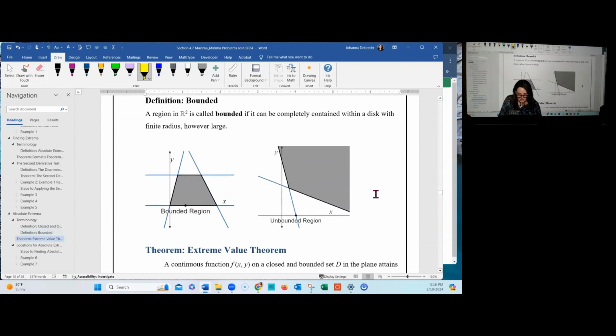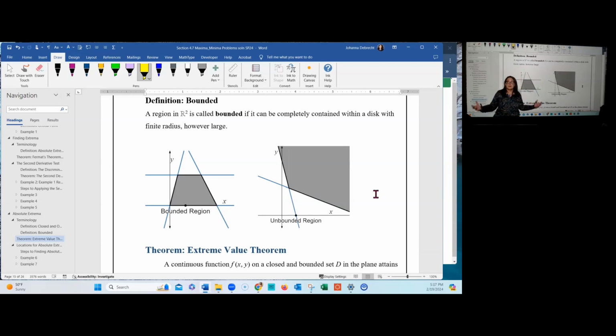Let's also define what we call bounded. Bounded is a little bit different from open and closed. Bounded means that it can be completely contained within a disk. And for disk, read circle. I can draw a circle around the region on the left. Now, the radius might have to be very large.